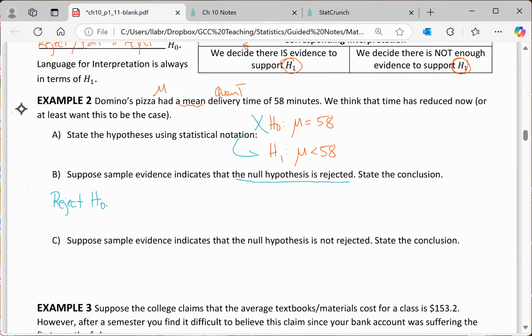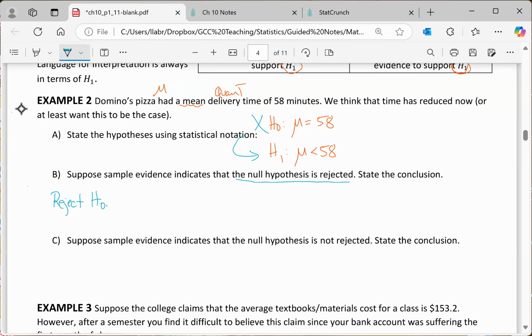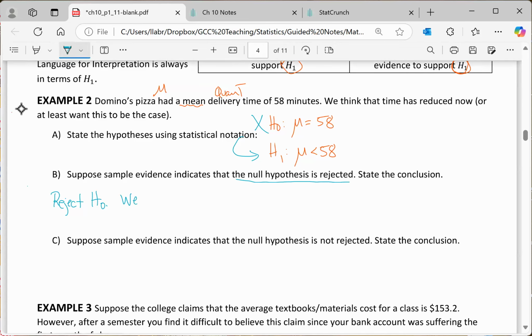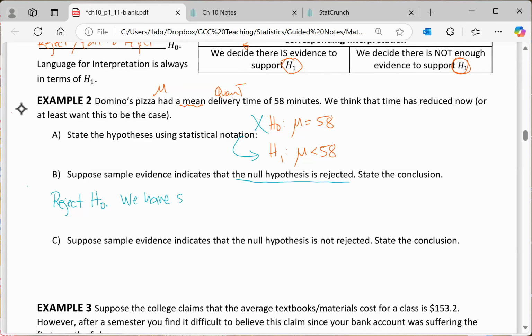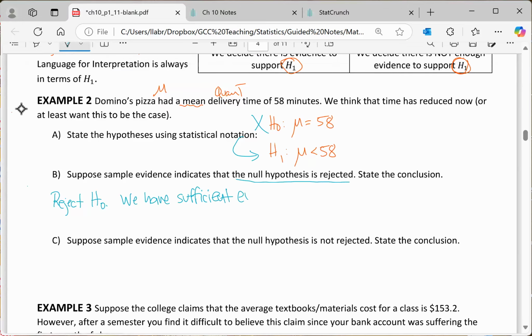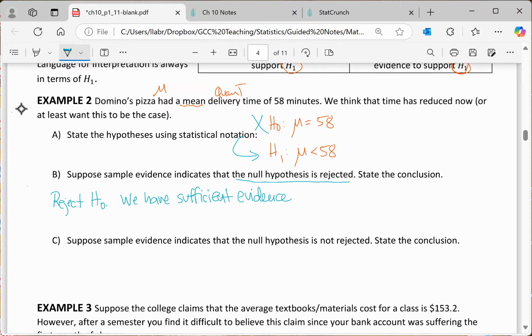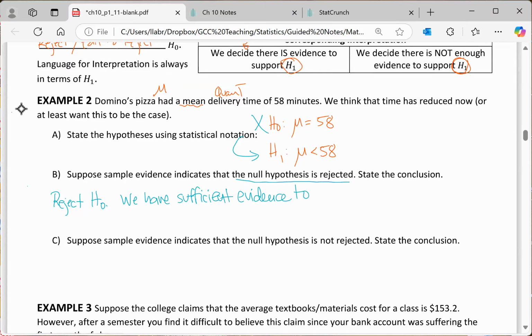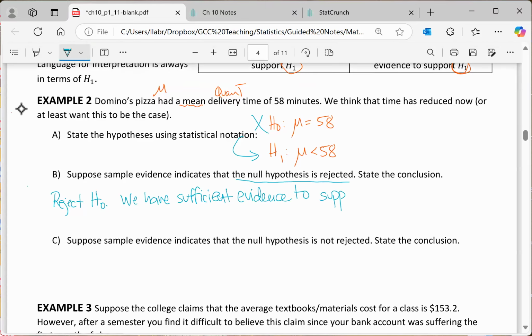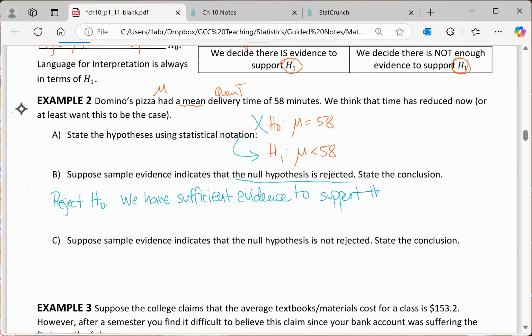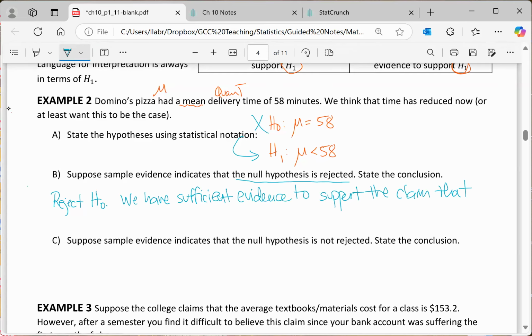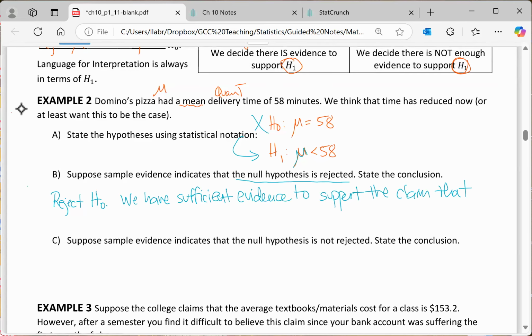So again, you're going to refer to H1. So what is it that you have shown? We have evidence. In other words, you have sufficient evidence to support the claim that mu is less than 58. So always tell me what mu represents. That's why I always write out the parameter.